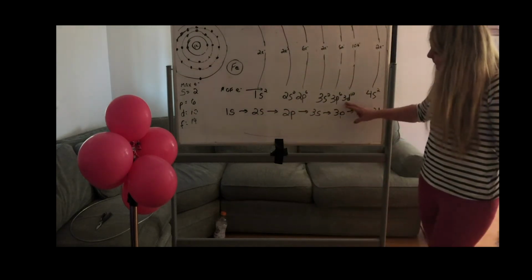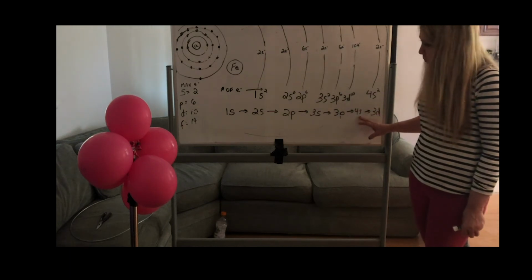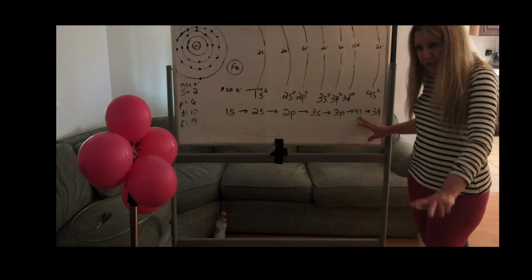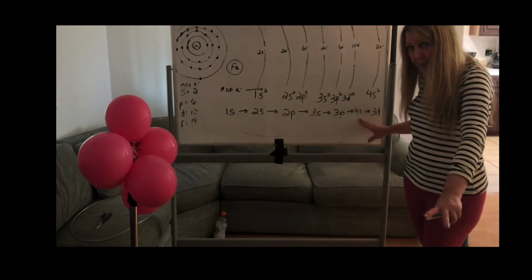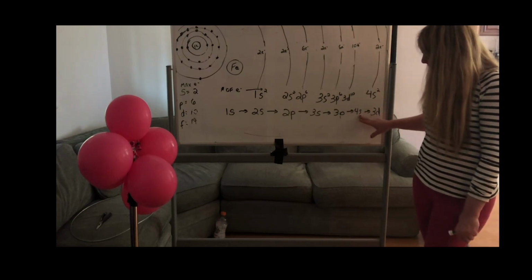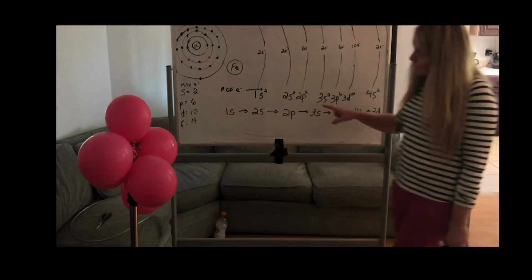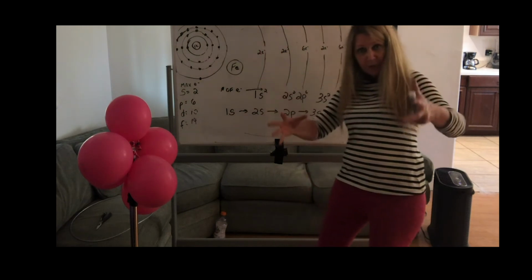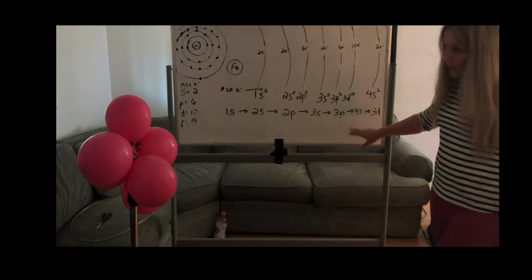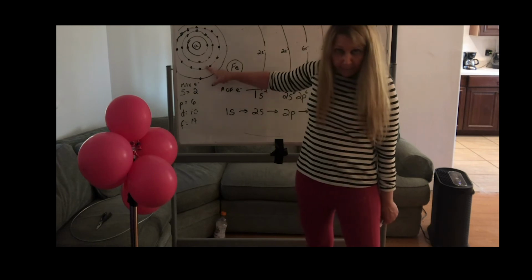So atoms would want to fill up the s sublevel, because it takes just 2 to fill it up. So after the 3p, they fill up the 4th energy level, the spherical s sublevel, before they fill up 3d.